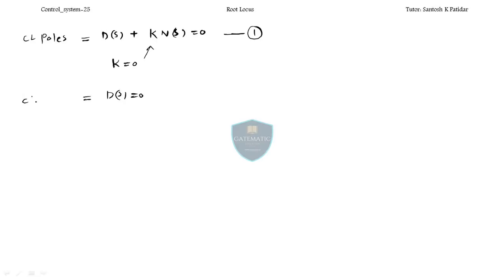In this equation, if you put k equal to 0, you will get ds equal to 0, and this ds, if you remember, is nothing but the open loop poles, the point A. So for k equal to 0, your open loop poles become closed loop poles.